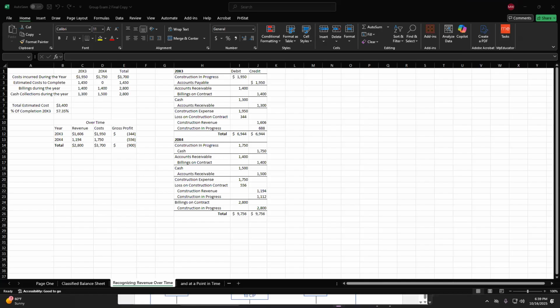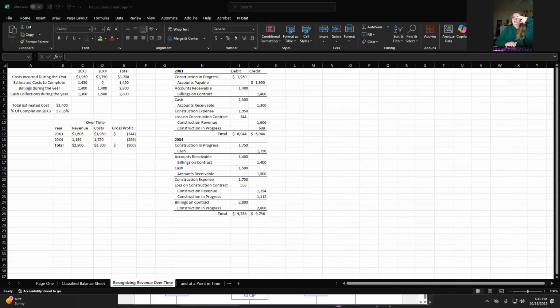I thought that was supposed to show that the project's not fully closed out still by the end of 2024. It still cancels out to 0 because there's one 1,400 billing on contract in 23 and one billing on contract in 24 of 1,400, so the 2,800 cancels it out. Oh, yep, that's what it is. Okay.